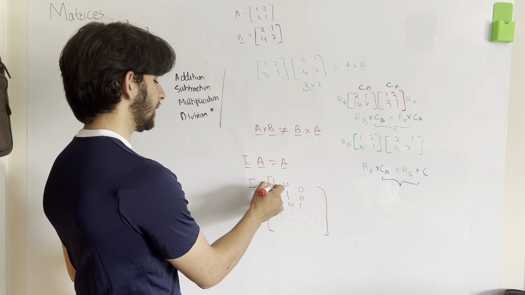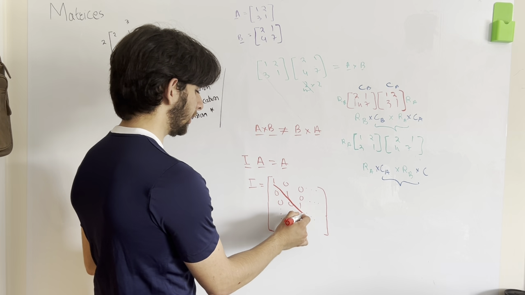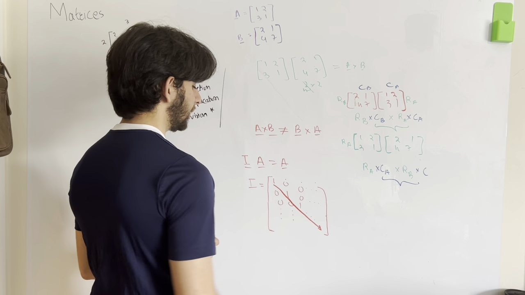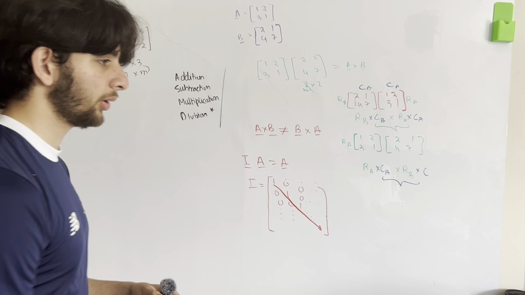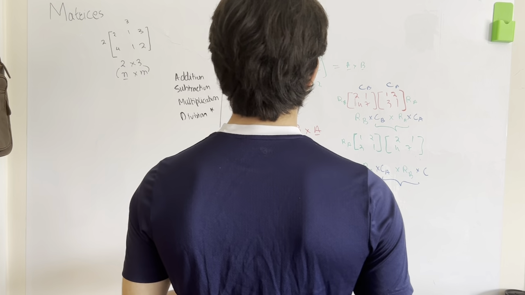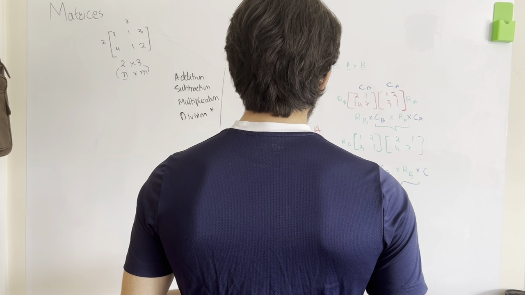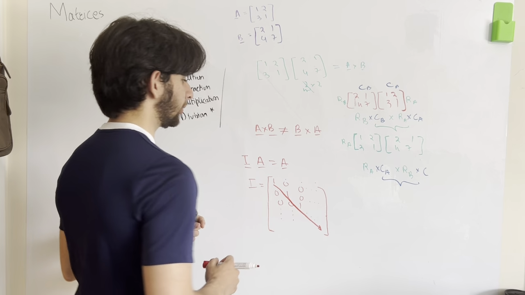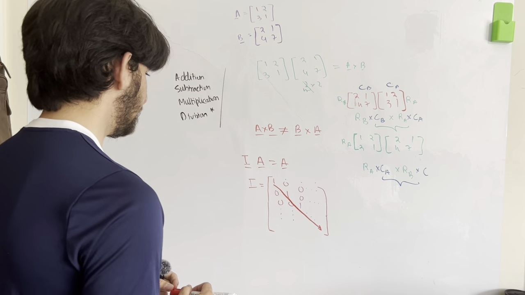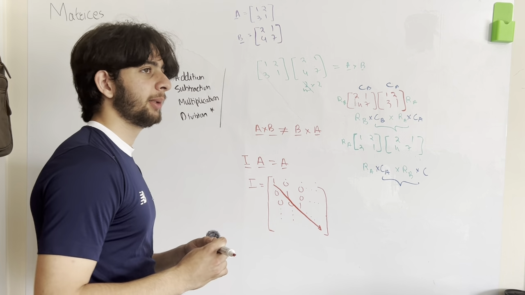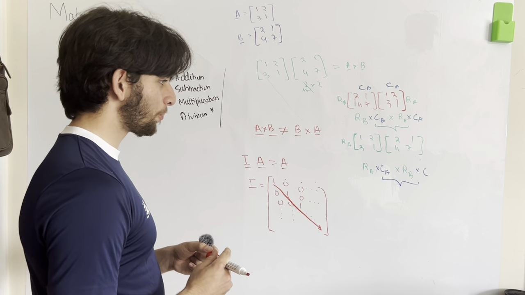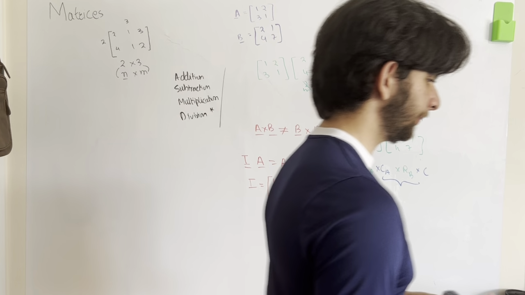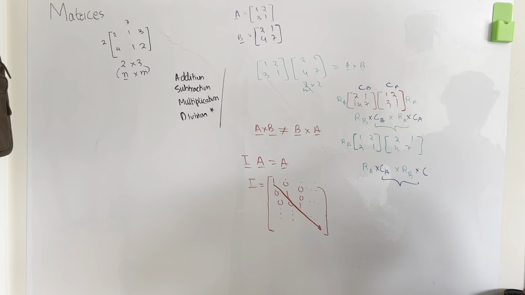The key idea is that there's a diagonal of 1's going down, and there's zeros everywhere else. Crucially, if you multiply this identity matrix with any other matrix, okay, it will equal the matrix that you started with, A. So it's a very cool sort of fact that you can use.